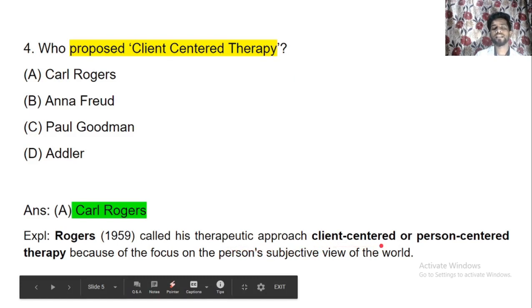This client-centered therapy is also known as person-centered therapy because the focus is on the person's subjective view of the world. So what is subjective view? Subjective means there are multiple realities, and objective normally means a single reality. So Carl Rogers' theory focuses on the multiple realities of persons. Your answer will be Carl Rogers for client-centered therapy, or if they ask about person-centered therapy, the answer will be the same.